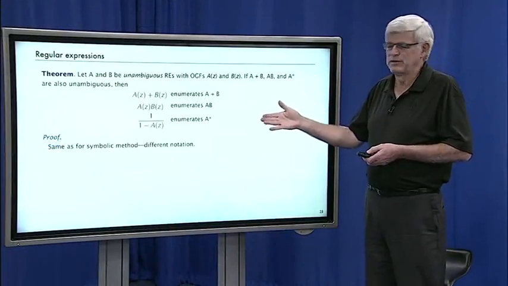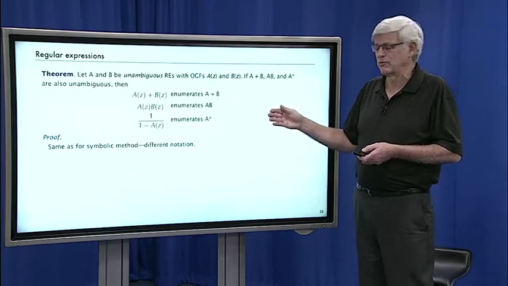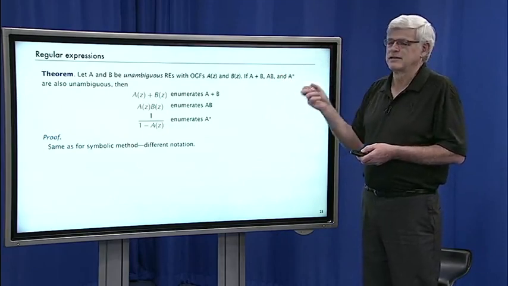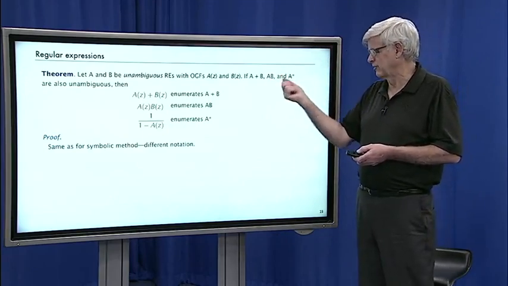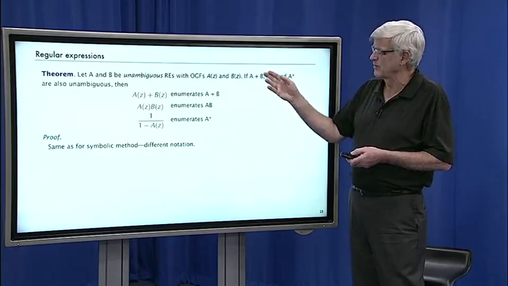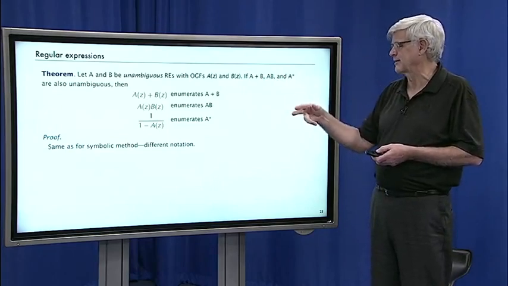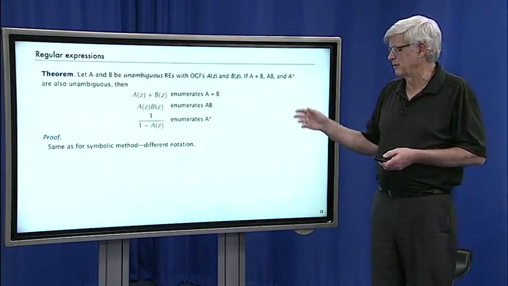The theorem, which is really the same as what we did for the symbolic method but with different notation, is that if you've got enumerating OGFs for two REs, and you take the OR, then the OGF is the sum. If you take the concatenation, the OGF is the product. And if you take A star, it's 1 over 1 minus.